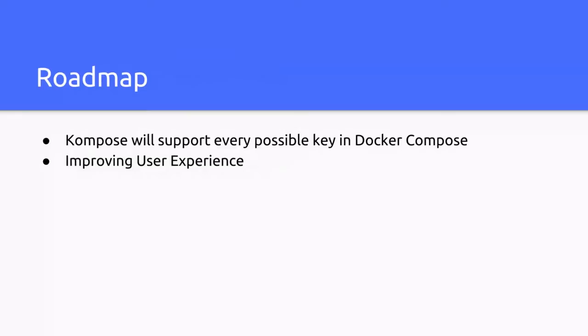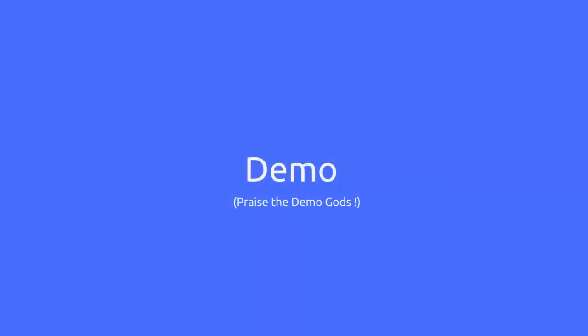And for the roadmap, we are continuously trying to support every possible key in Docker Compose, so that developers get a very good experience with Kubernetes. We are also trying to improve the UX. So let's quickly move to the demo.